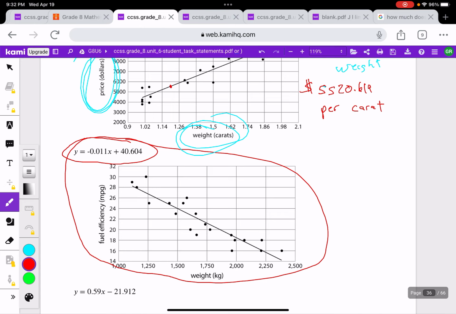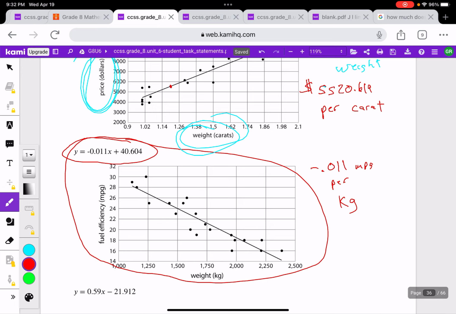It has something to do with miles per gallon and kilogram. It is 0.011 miles per gallon, this is kind of weird, per kilogram. And it's negative per kilogram.